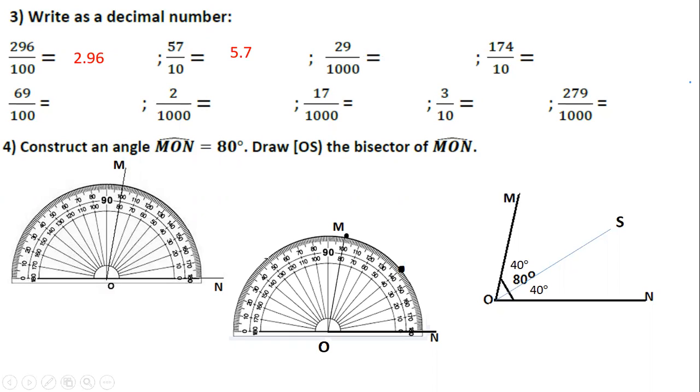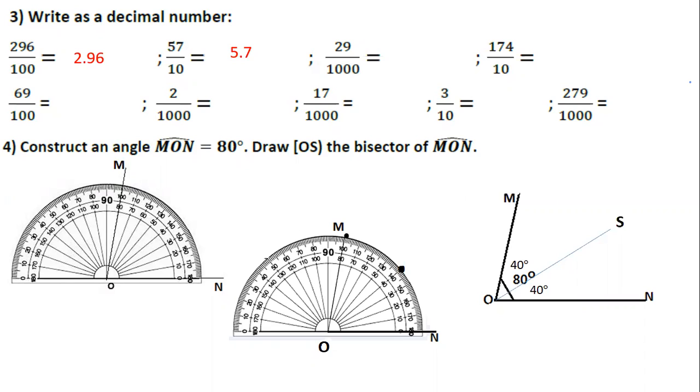Now we have 29 over 1,000. I want to ask Lamar Soufan. Yes, Lamar Soufan. 29 over 1,000. How can we write it as a decimal number? Please, Hassan Bawab.